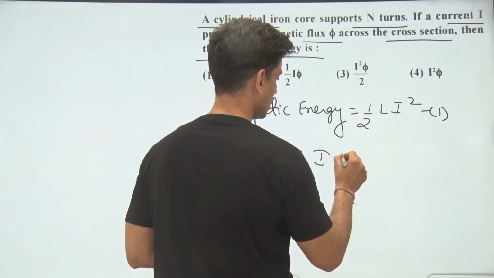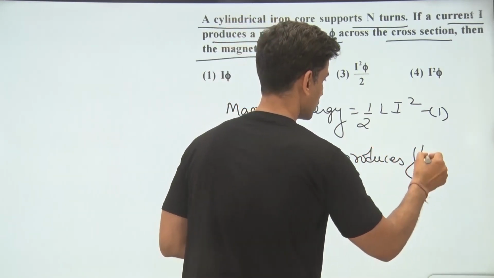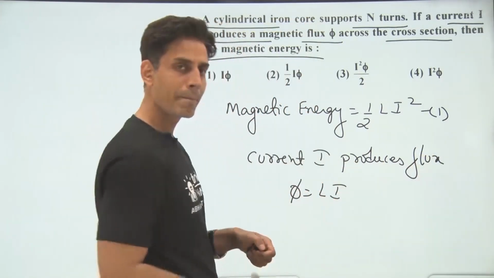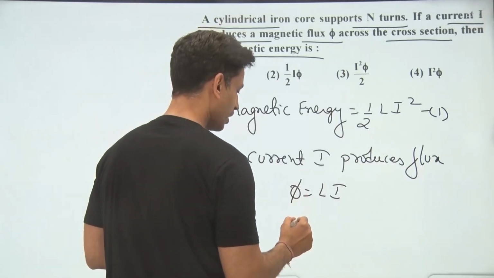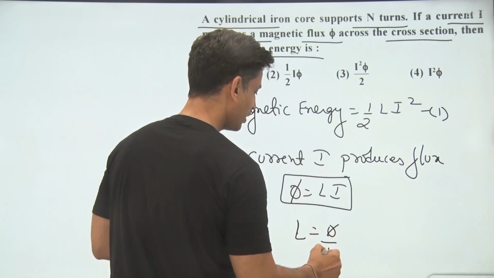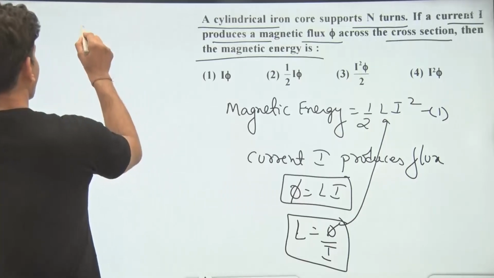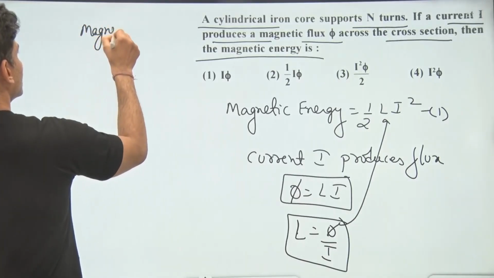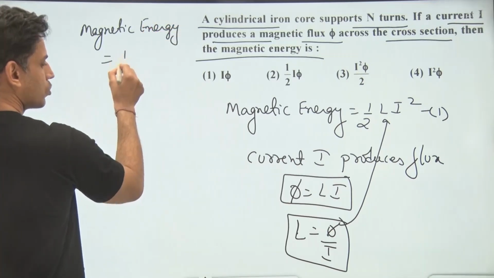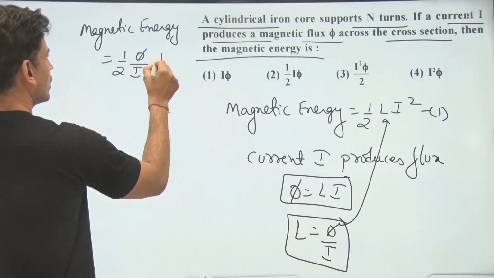So the current I produces flux phi, which is given as L I. So the value of L is equal to phi by I. Put this value of L in equation number 1, and we'll get magnetic energy equal to half phi by I into I square.